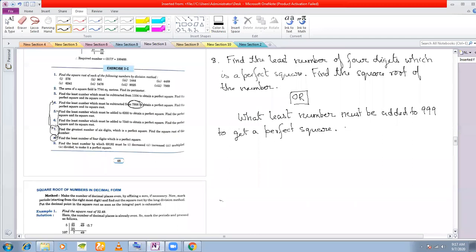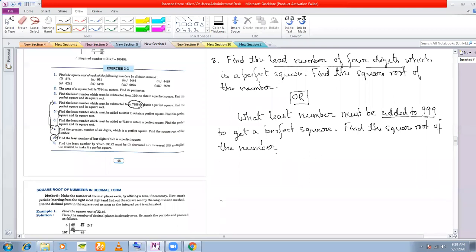Find the square root of the number. Now either the first question can be given to you or the second question. The difference between the two is that in the first question the statement is find the least number of 4 digits, and here what number must be added to. That is the only difference. Otherwise, both questions are the same.